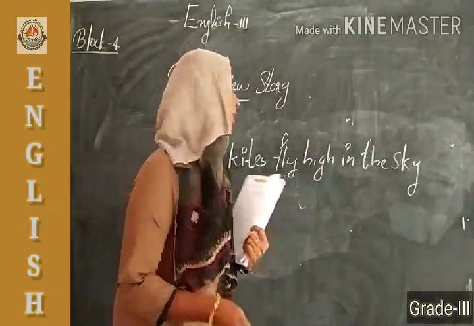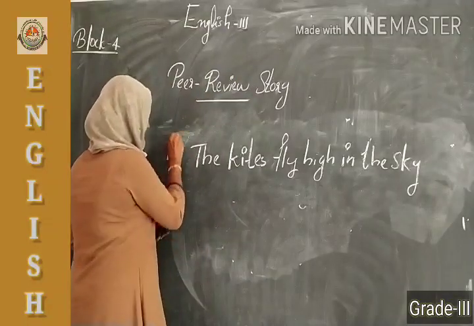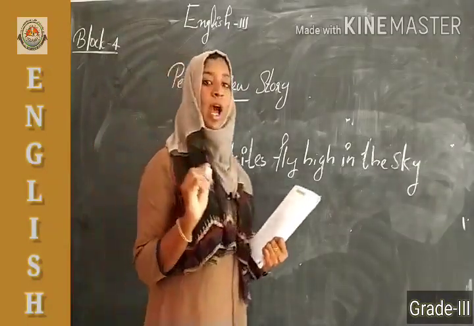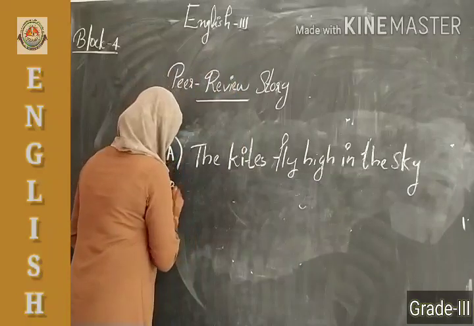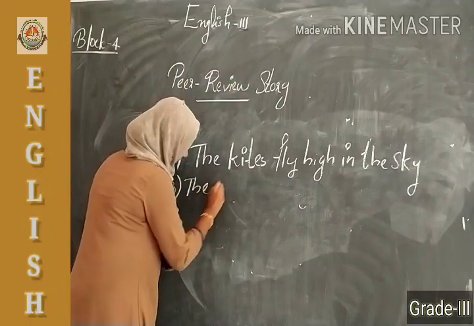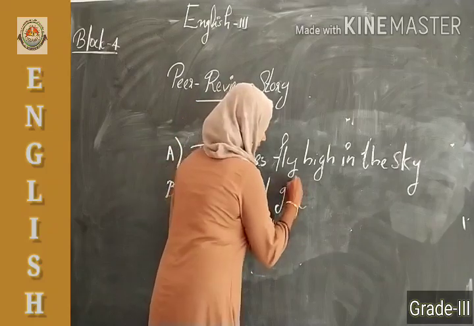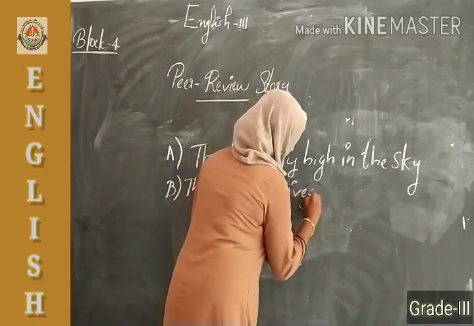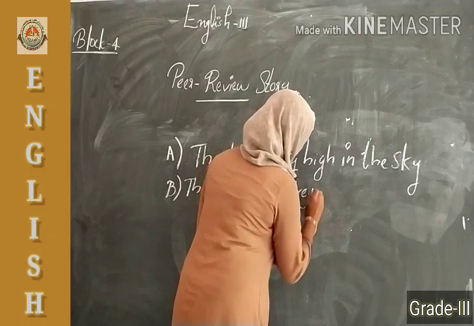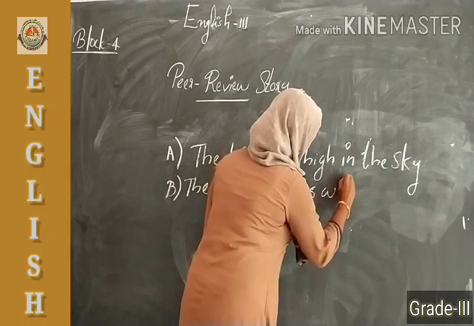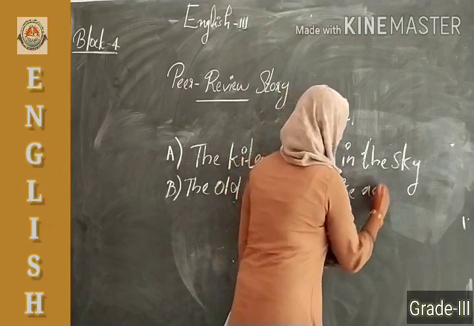Okay. In the second, or B, you can see the old owl. Which is that, children? The old owl. Advice.